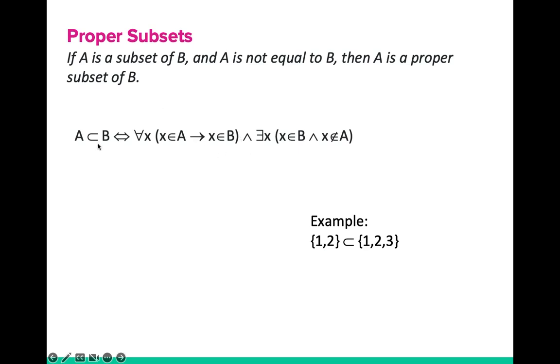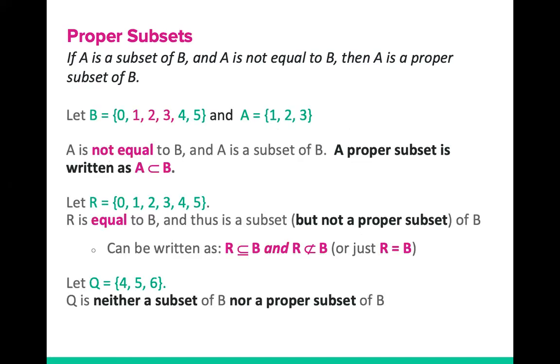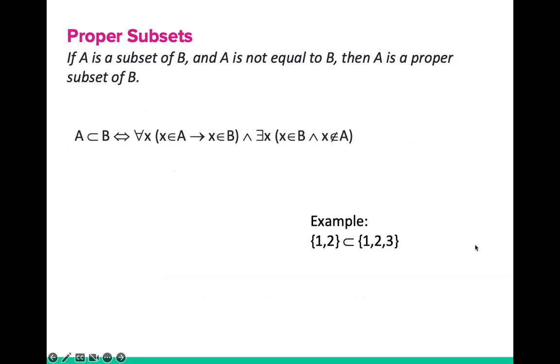Now moving on, we can also rewrite it in the form of quantifiers. Going back, I'm sorry, I had a mistake in this part. What I mean here is that R is a subset of B, but not a proper subset of B. Okay, moving on.